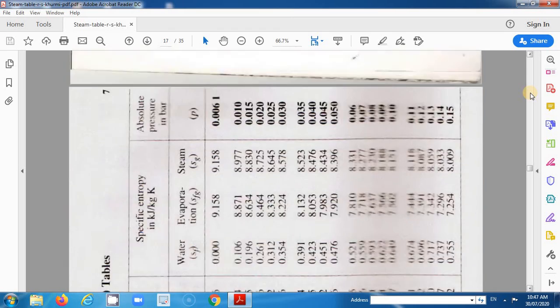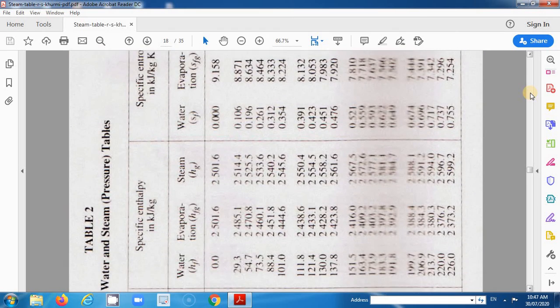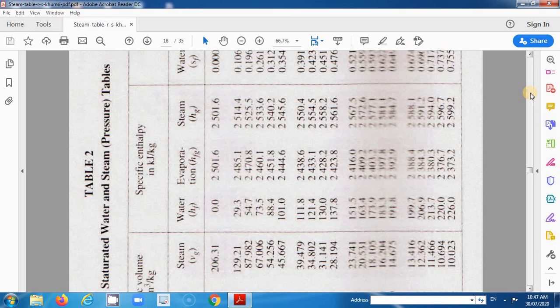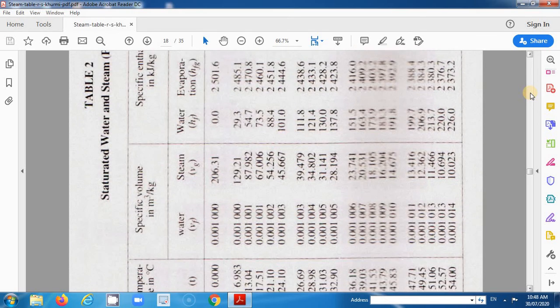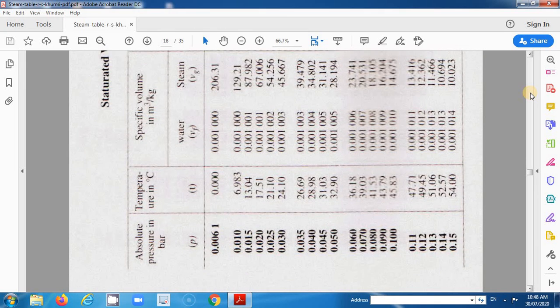Now next is pressure base. You see table number 2, pressure base. That means the first column is pressure. Again the first column is a pressure which starts from 0.0061 bar and their corresponding temperatures. Then again the same sequence: Vf, Vg, Hf, Hfg, then Hg, Sf, Sfg and Sg.